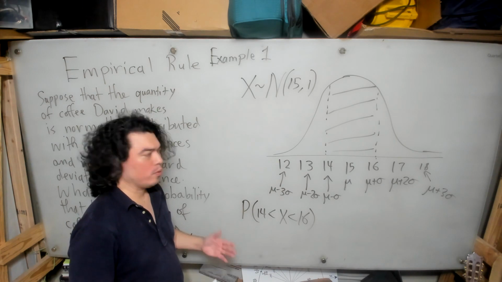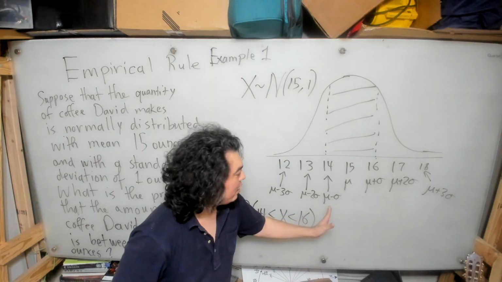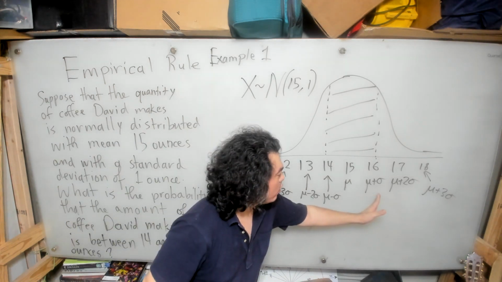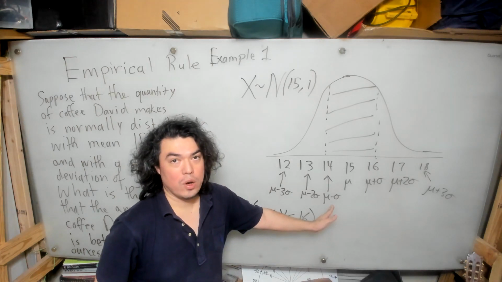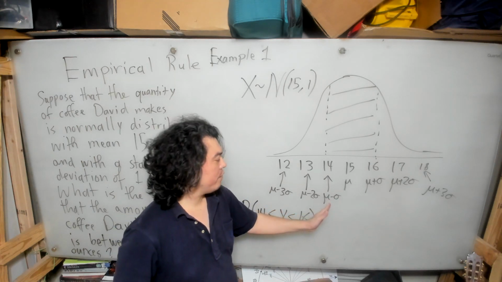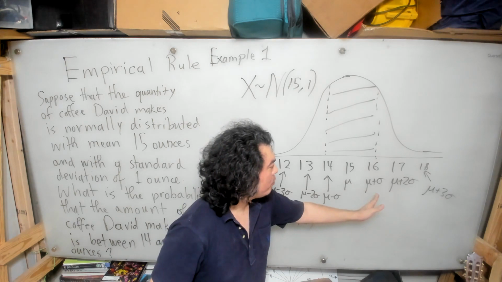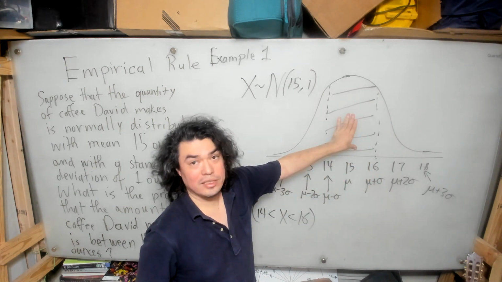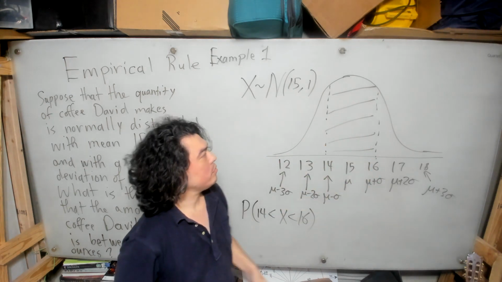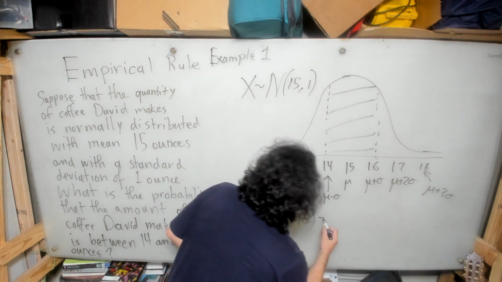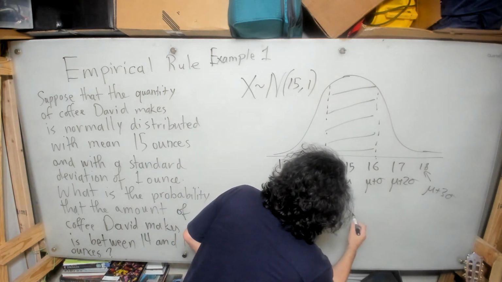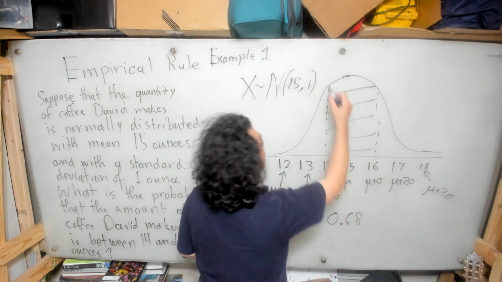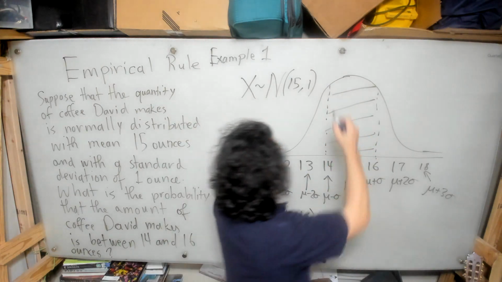Well, because we know the empirical rule, we can see that that exactly corresponds to the boundaries that are 1 sigma away from the middle. In other words, from mu minus sigma to mu plus sigma, that's 68% of the curve, right? Or in other words, 0.68, because of the empirical rule.